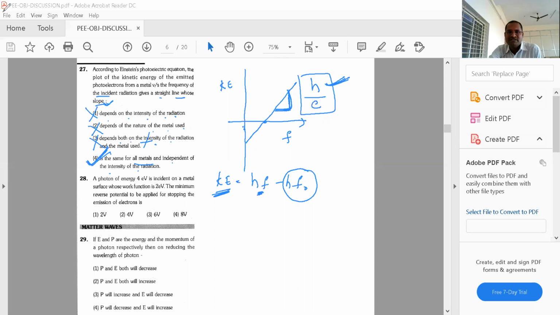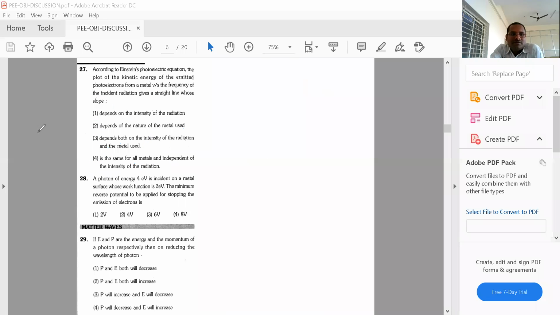Got it now, students? 27th question explanation: the slope of this graph gives you h by e, Planck's constant upon charge of the electron. These h and e values don't depend upon the intensity of radiation or the nature of the metal. So option 4 is the right answer.